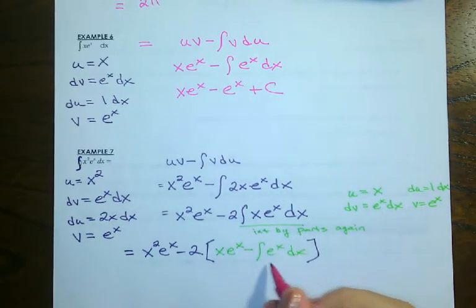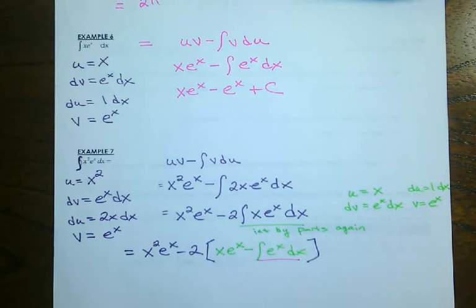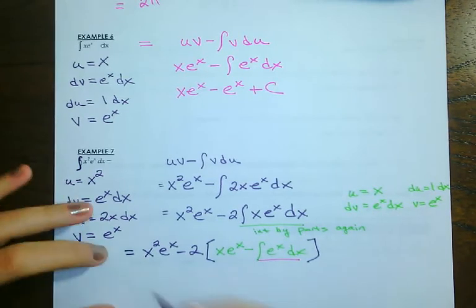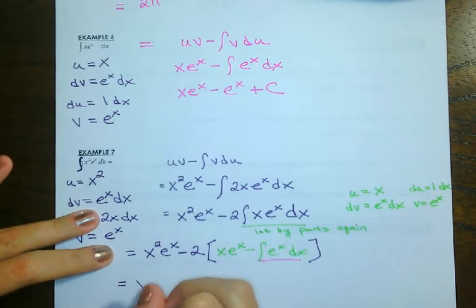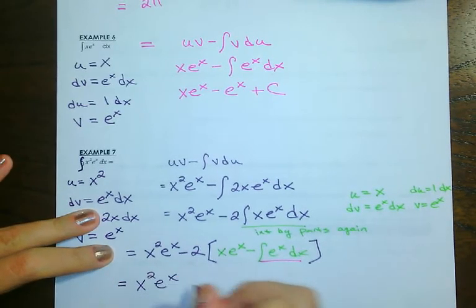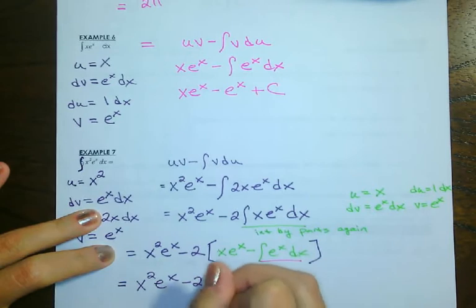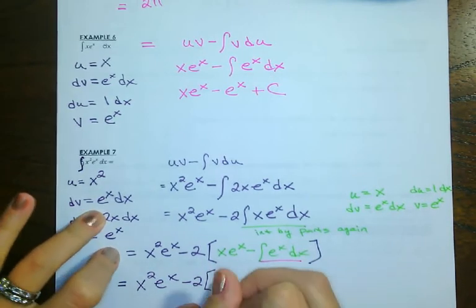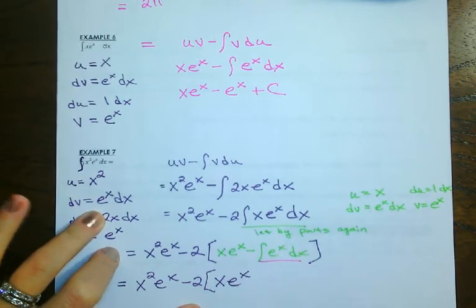Here's the good news. Now this part here is something I know how to integrate relatively easily. So you can go ahead and clean it up. And so we would say x squared e to the x minus 2, and then I would say x e to the x.